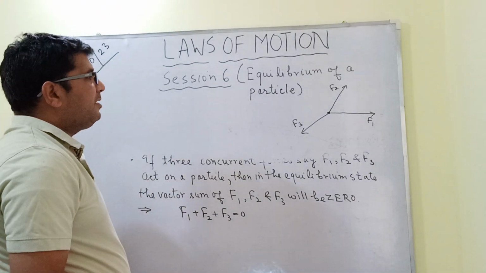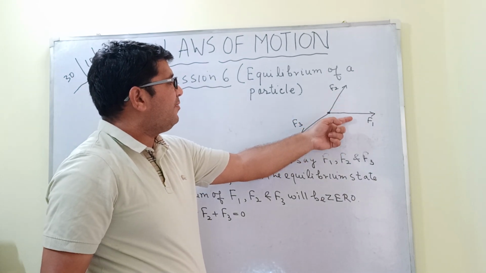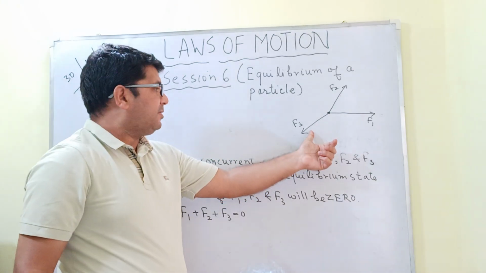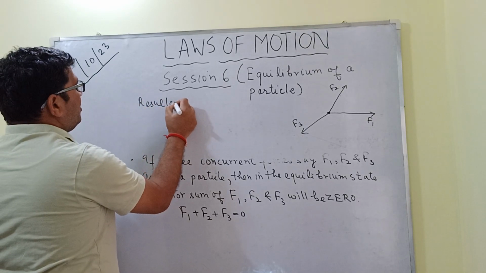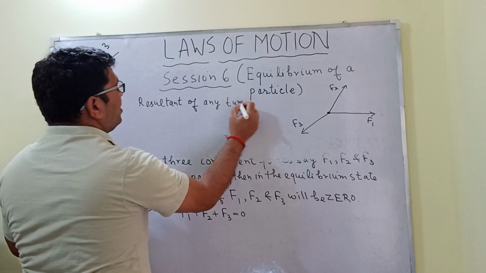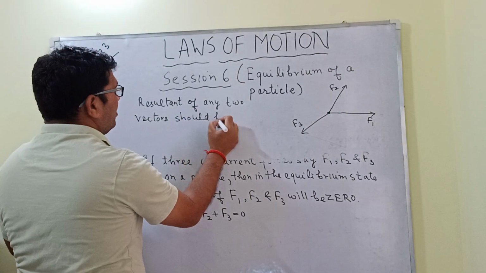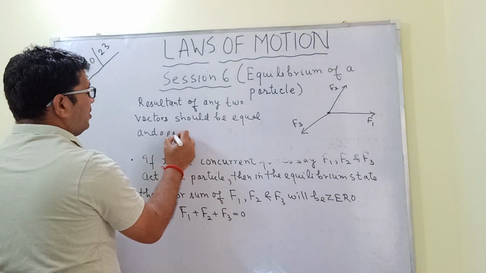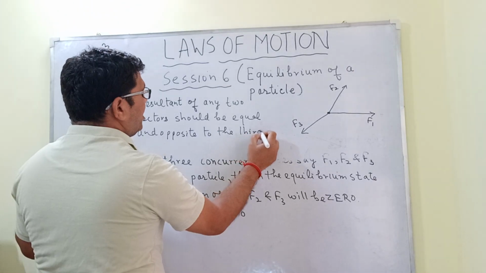Or in other words, we can say the resultant of any two vectors, let us say if I am considering these two vectors, that is F1 and F2, should be equal and opposite to the third force. ठीक है ना?